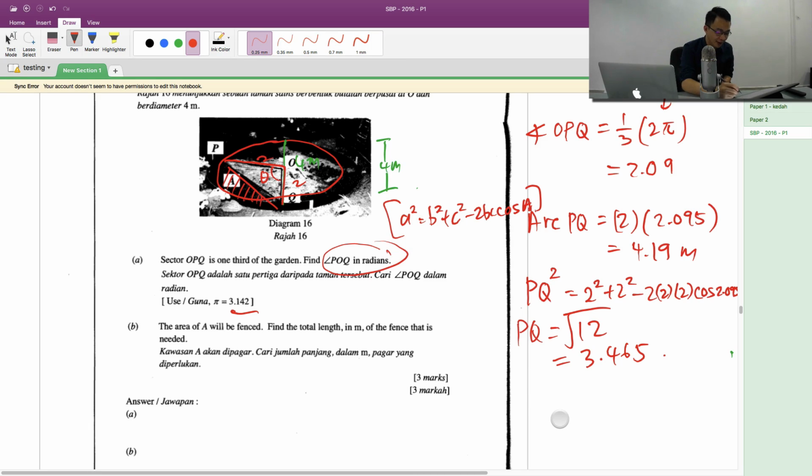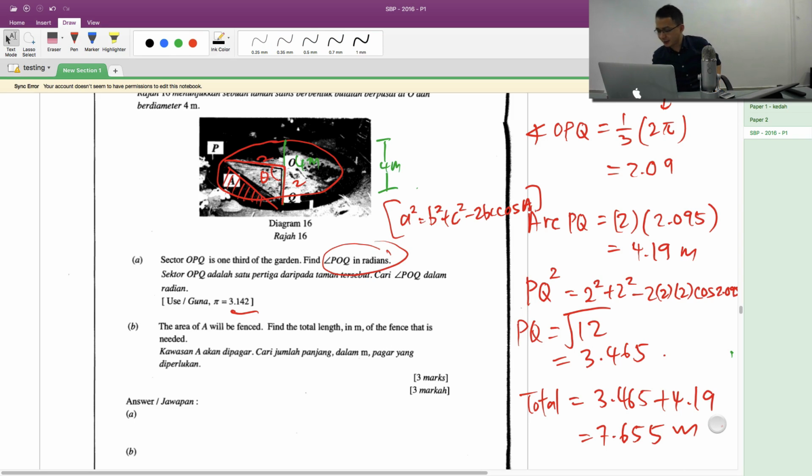And then the total length is 3.465 plus 4.19 plus 4.19. So my answer is 7.655. Is that correct?